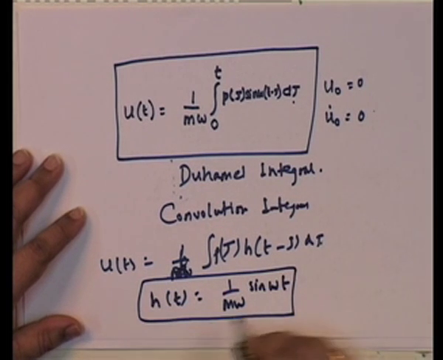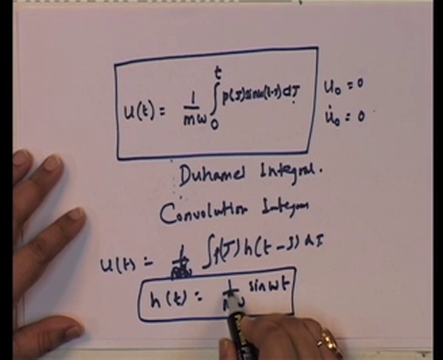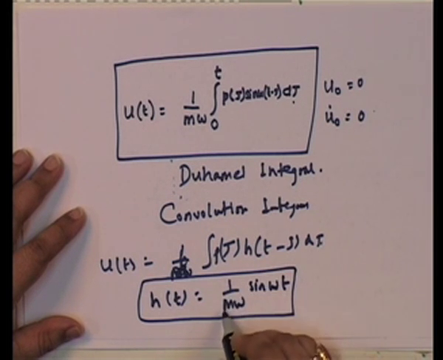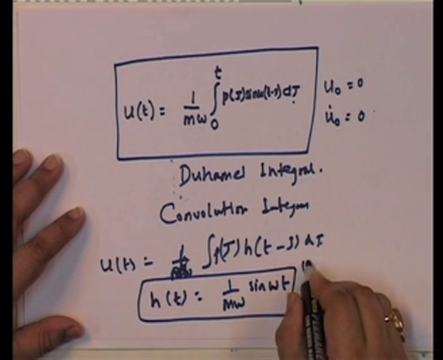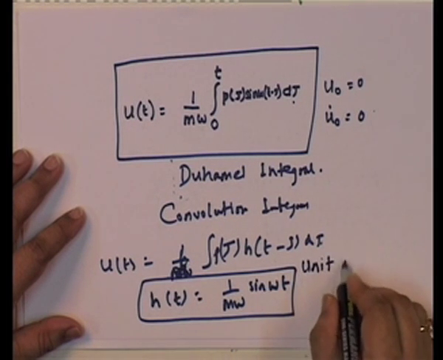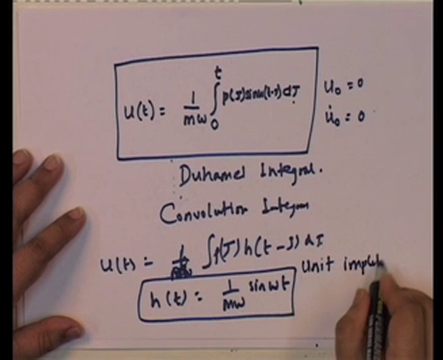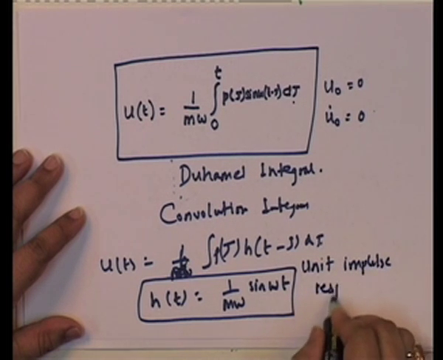Okay. This h of t is what? Let us look at this. Remember 1 upon m omega into sin omega t. So, this is known as the unit impulse response function.